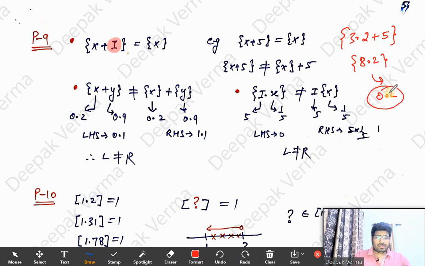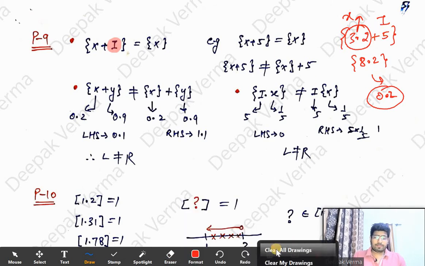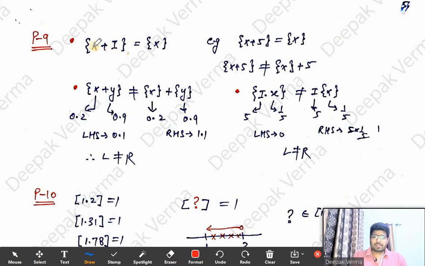So this 0.2 has come from this value. Got it? This is x and this is the integer. So we can remove this integer. I hope it is clear. So this is the property, fractional part of x plus integer. Whereas in case of box, what we did, we took the integer out of the box.